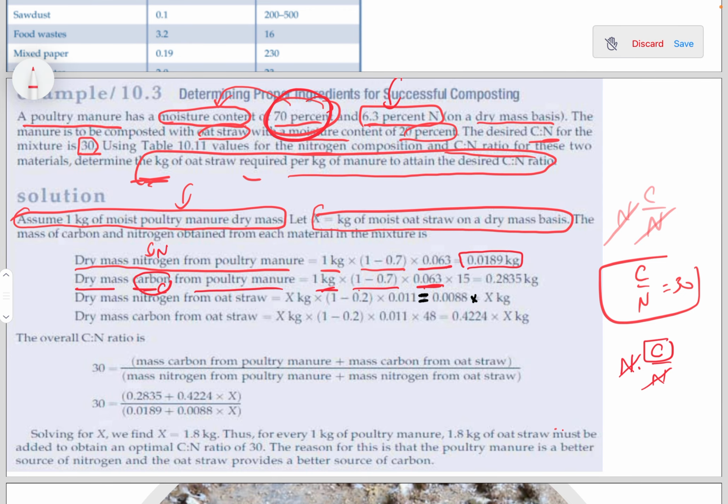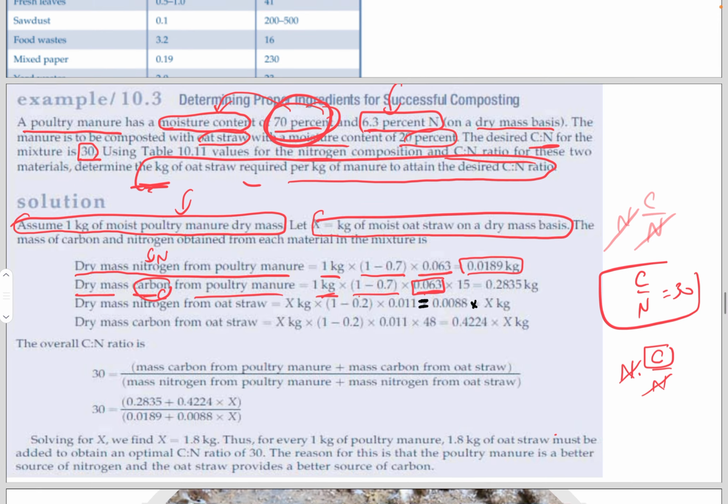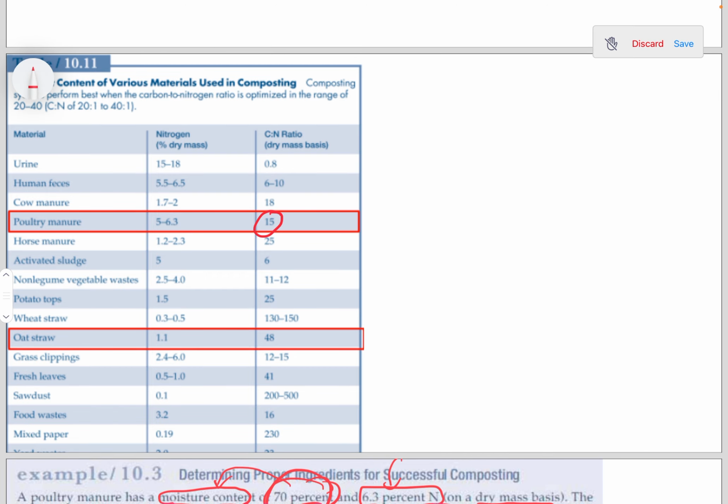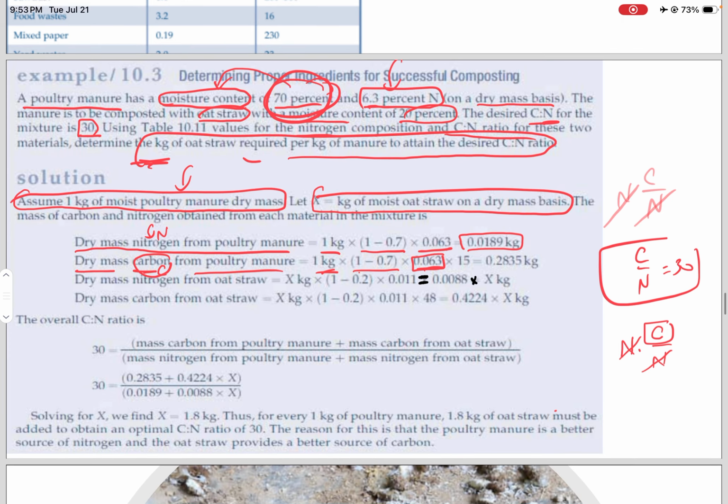Remember, we have the 6.3% nitrogen for poultry manure, and C over N for poultry manure is 15. So you multiply this by 15 to get 0.2835 kilogram of dry mass carbon from poultry manure.